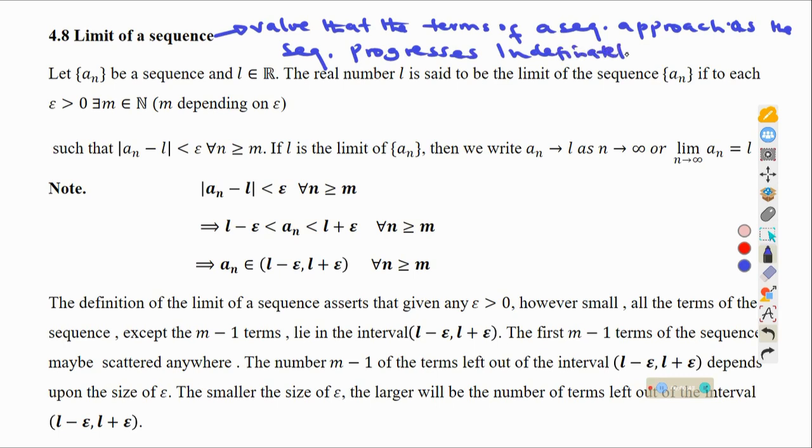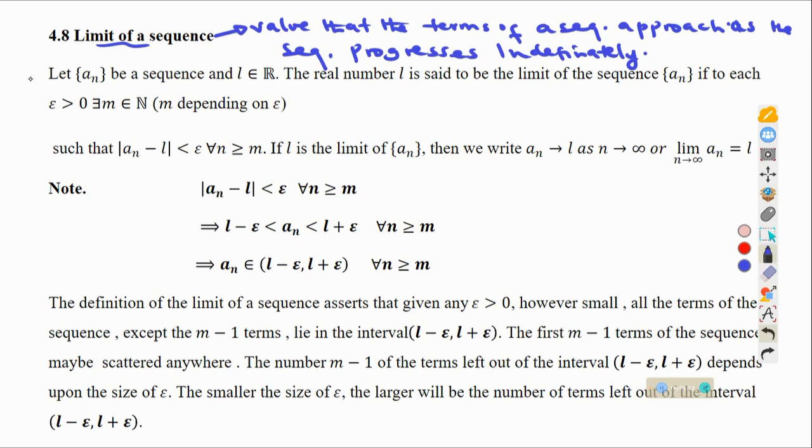So what we are talking about is that as the terms of the sequence keep on progressing, it can be either increasing or decreasing depending on the nature. As the terms of the sequence keep on progressing indefinitely, the value to which those terms are tending is what we shall be calling a limit of a sequence.